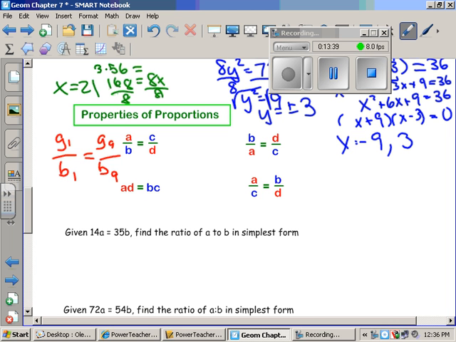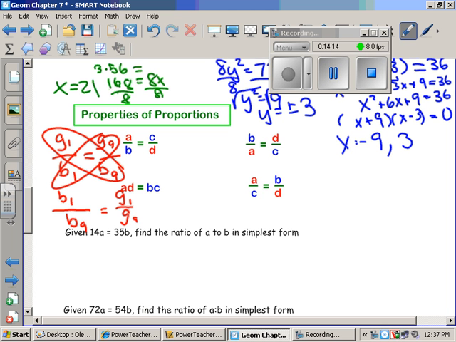But as long as the means and extremes stay together, I could say the boys from period 1, where would then the girls from period 9 have to go? Yeah, because these have to go together. So you'd have to put the girls from period 9 here. And then the boys from period 9 would go there. And the girls from period 1 would have to go with it. Does that make sense? So it's the same ratio.